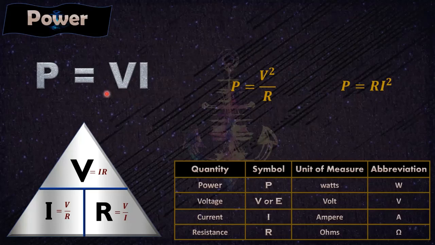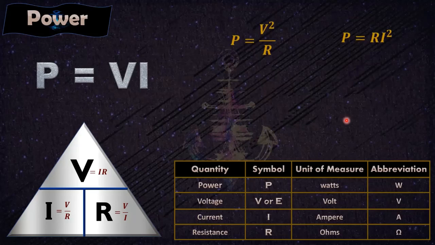And if voltage is unknown in the problem and you are asked to solve for the power, this is the formula. I will show to you how these two formulas are being derived. Okay, let's start with the first one.